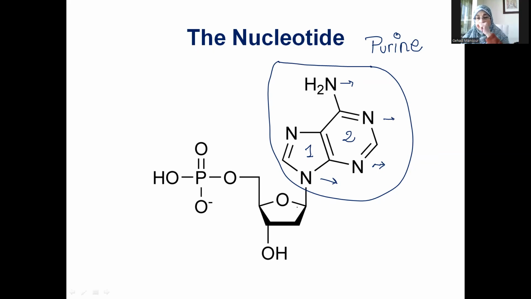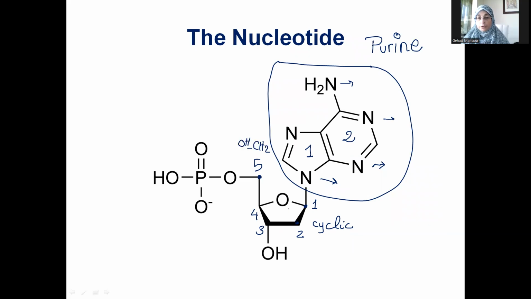And then here you have the sugar, and the sugar is in its cyclic form, as you can see. So here we have the first carbon. You don't see the carbon atoms, but they're there. And there you have the second carbon atom, third carbon atom, fourth carbon atom, and then here you have the fifth carbon atom. And actually in the fifth carbon atom, we have a CH2OH group.